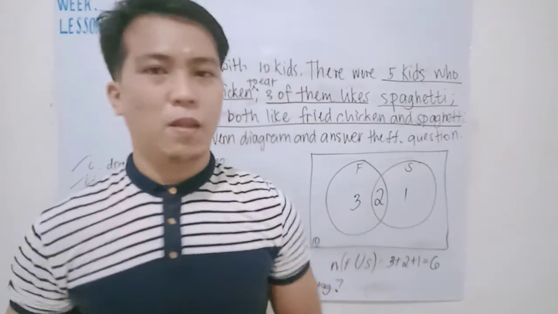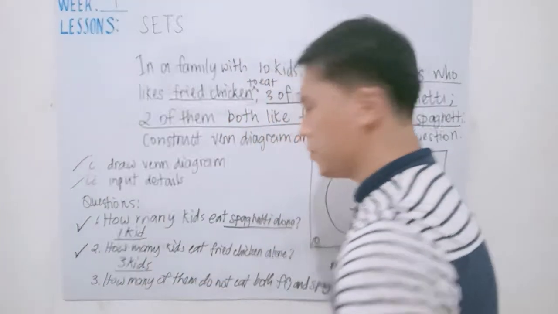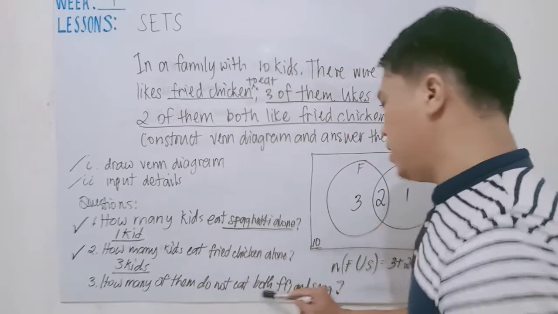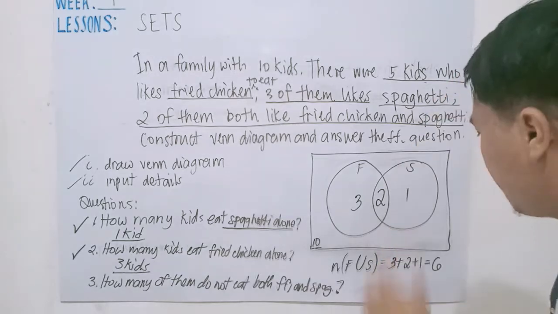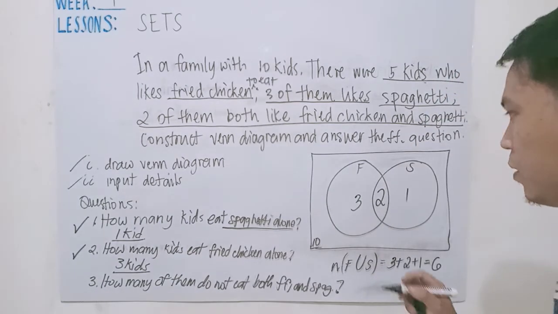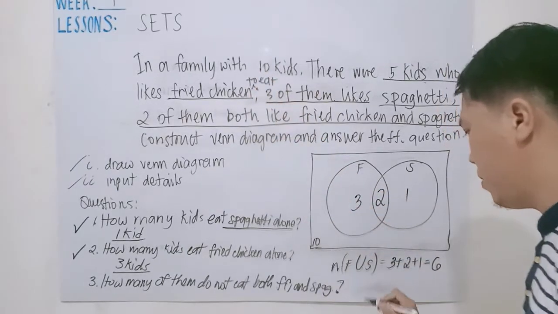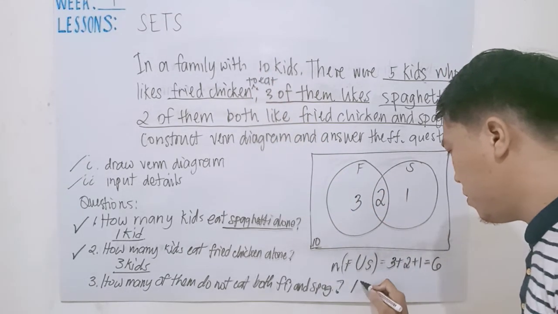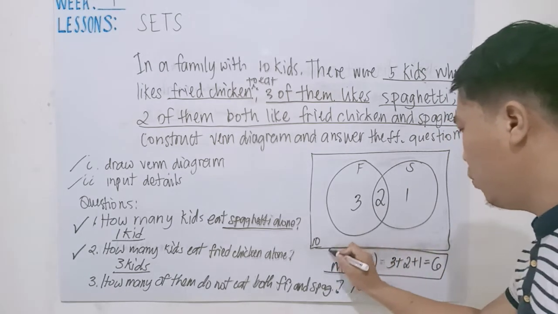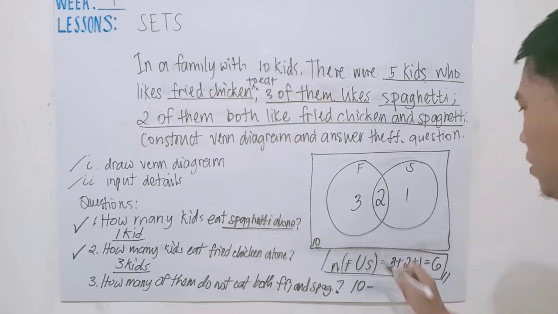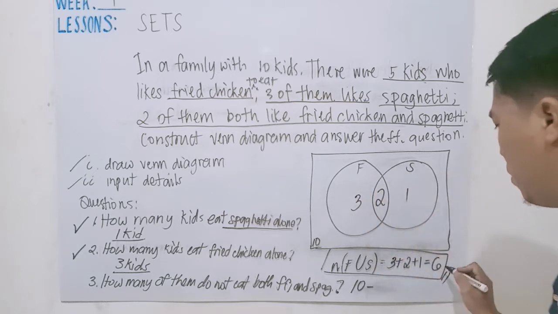And now that question is relative to number 3. How many of them do not eat both fried chicken and spaghetti? So in here, our universal set is 10. The total number of kids in the family is 10, so write 10 here. And as we obtained here, the union of the number of kids who eat fried chicken and spaghetti is only 6.